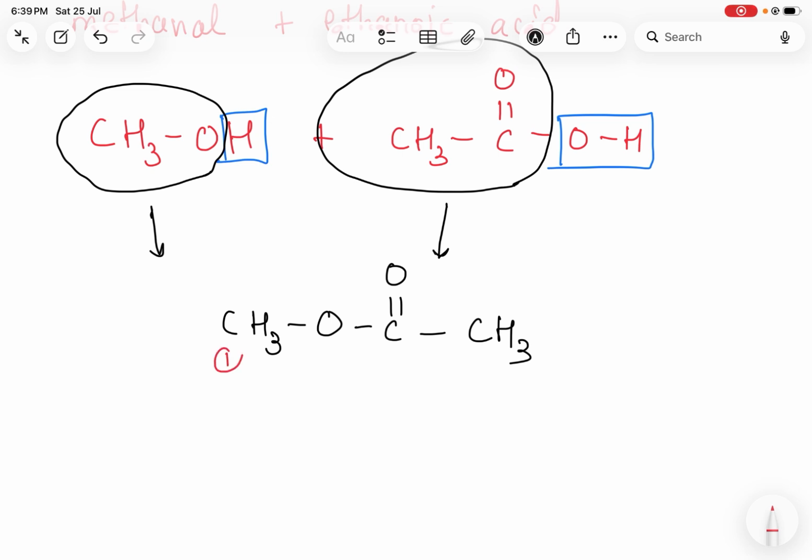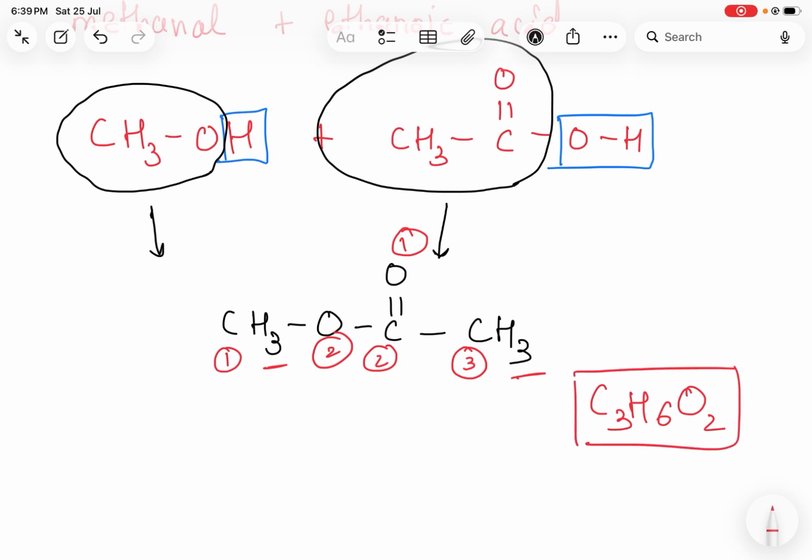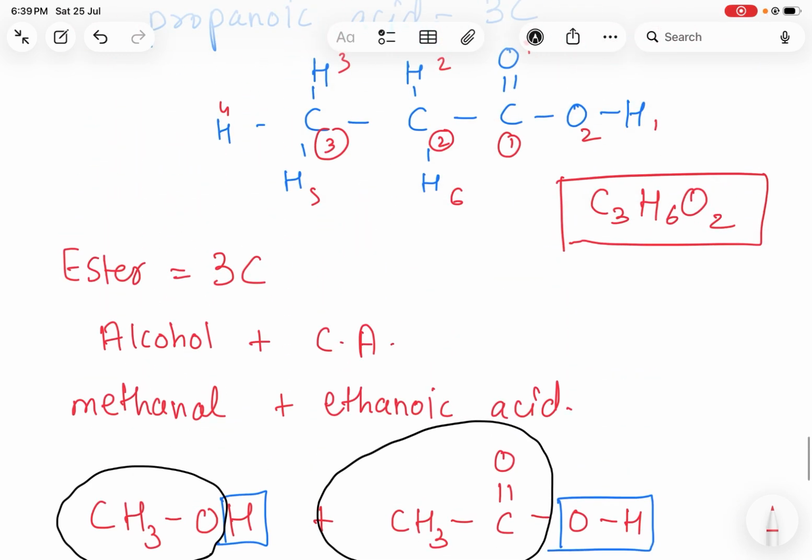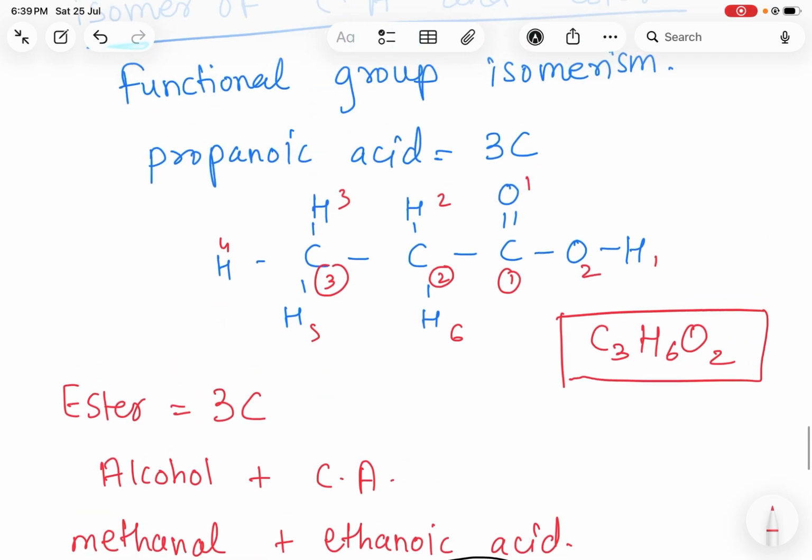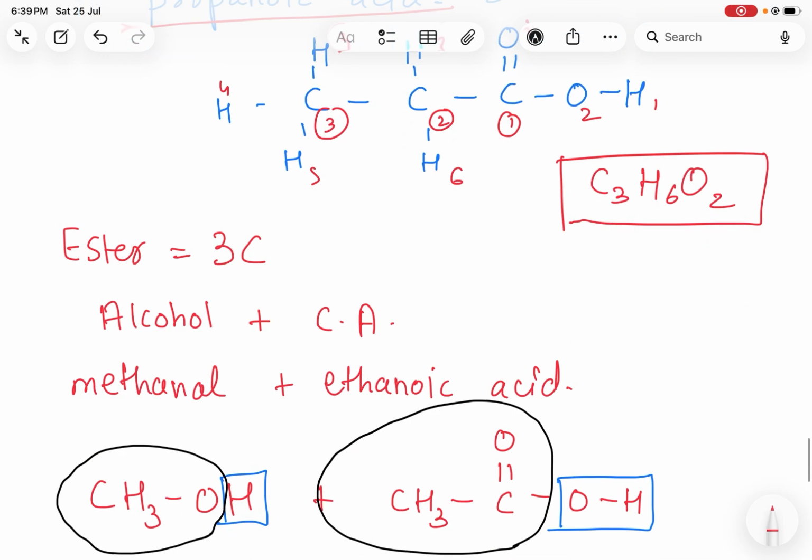So I have one, two, three carbon atoms, C3. 3 plus 3 is 6 hydrogens, and 1 and 2 oxygen atoms, O2. So it is C3H6O2. Okay, which is similar to C3H6O2 of propanoic acid.